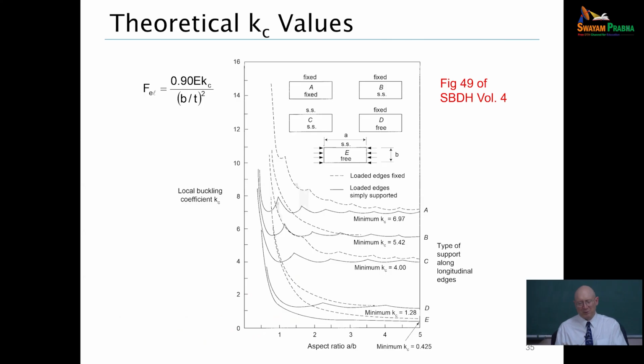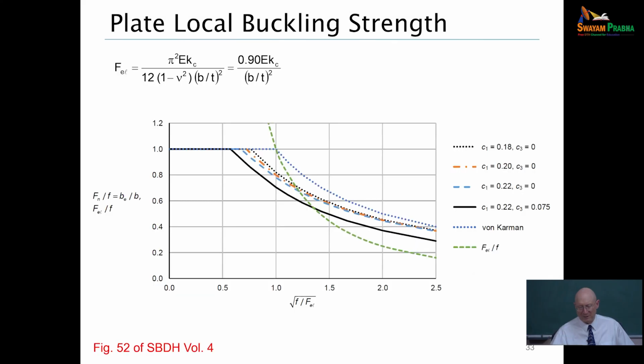Also, it's useful to understand buckling coefficients for plate local buckling. So this is a plot that's in the Bridge Design Handbook, but with credits to a steel design textbook in the U.S., Salmon and Johnson. We can write the plate local buckling equation in the way that you see here, 0.9 E times Kc divided by (b over t) squared, which is what we get if I come back here.